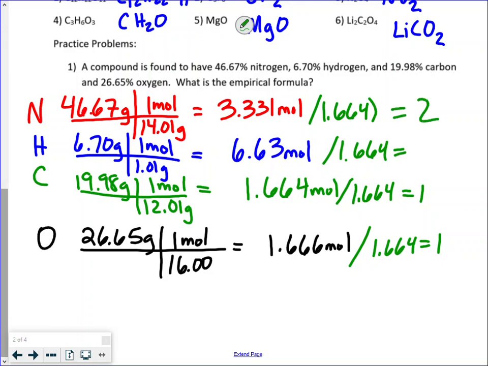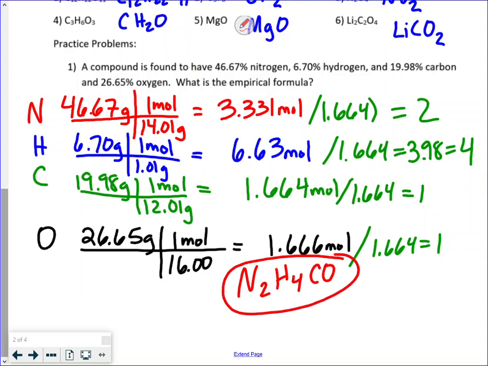So this one's pretty much 2. And this one ends up being 3.9H, which is virtually 4. So we would write out our empirical formula, N2H4CO. And then we would move on.